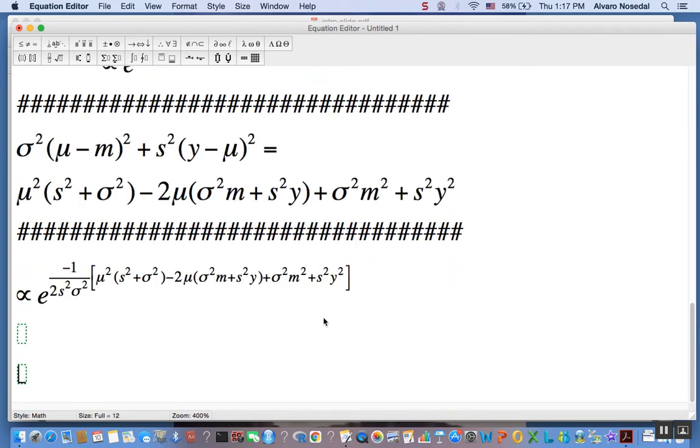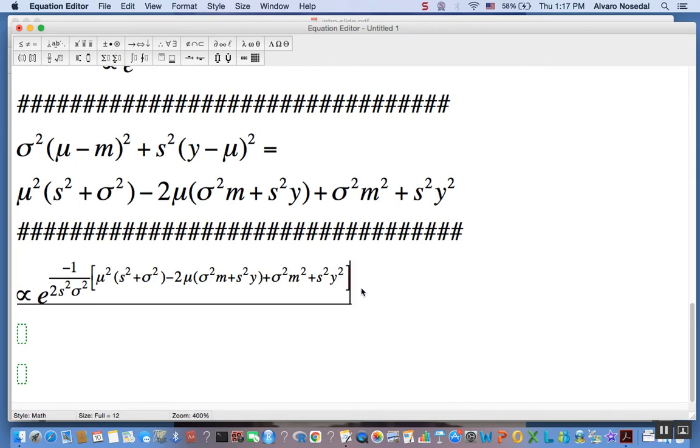Now note that this one here, since we're assuming that sigma squared is known, m is the prior mean and s squared is the prior variance and y squared is our observation, is going to be an exponential to some constant, right?